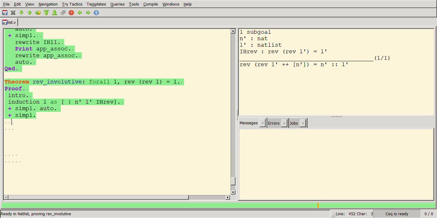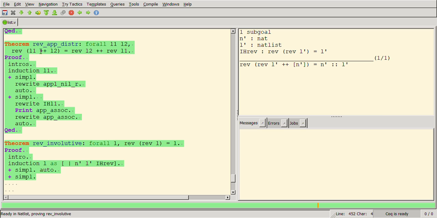So what we can do now, we have just proven a theorem, the reverse append distributor. Reverse of L1 plus L2 is equal to reverse of L2 plus reverse of L1.